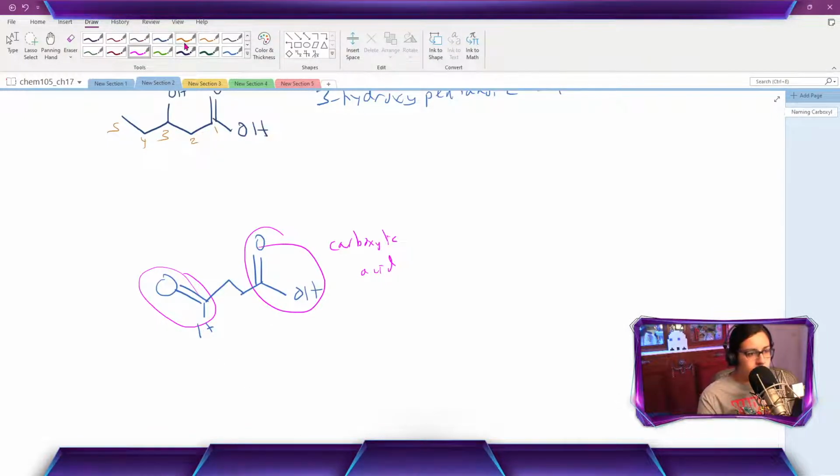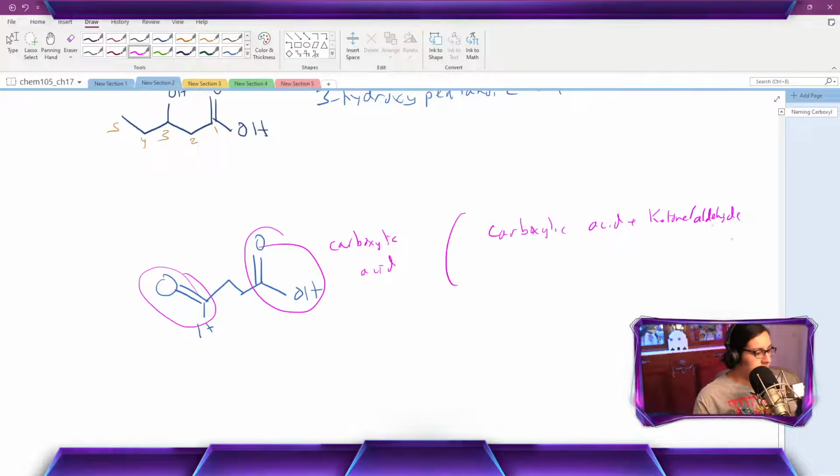And so it takes the interesting name of oxo. So carboxylic acid plus ketone or aldehyde. The C=O becomes oxo.